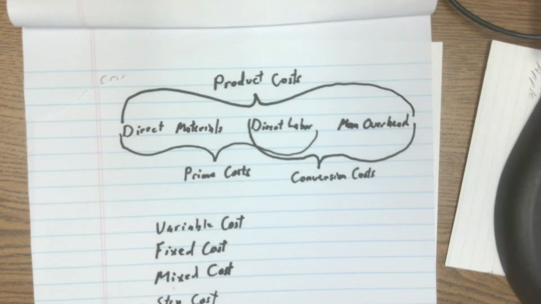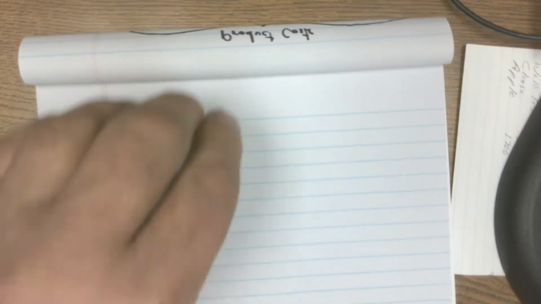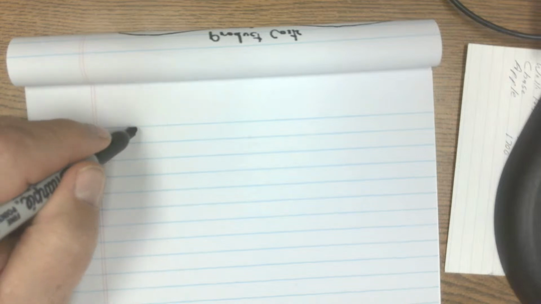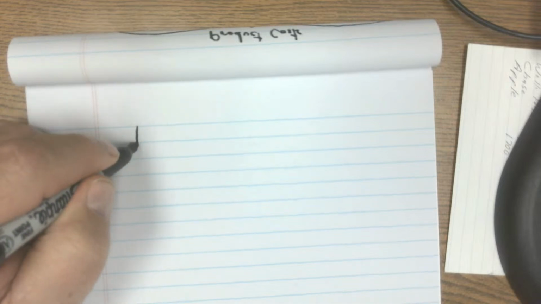Okay, so the first thing, let me flip the page here. The first thing we want to talk about is variable cost. A variable cost is based on volume. So the more we do, the more it costs. So let's take a graph.